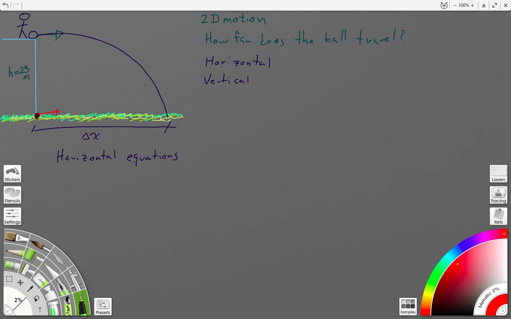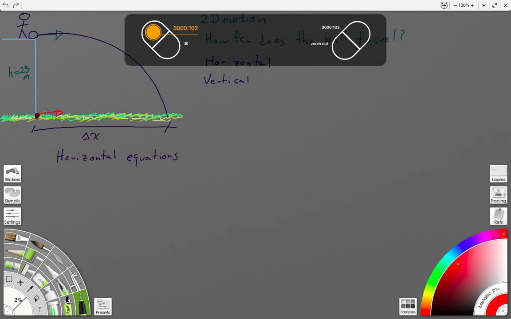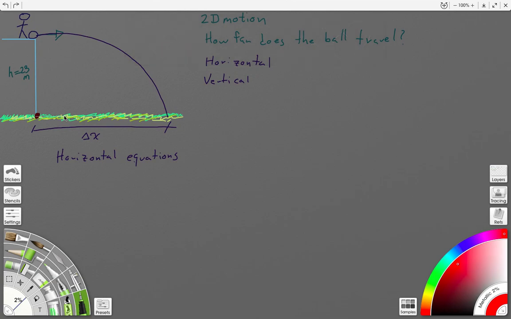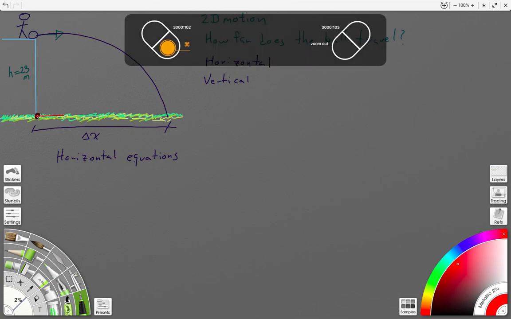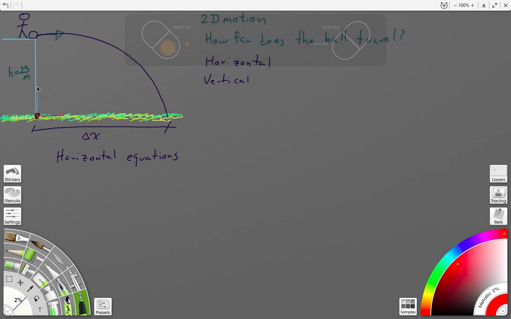In this direction, I have positive x, and in this direction, I have positive y. I was going to tell you to pretend for the lines to be straight, but I can actually make them straight. Okay, so this will be my positive x direction, and this will be my positive y direction.